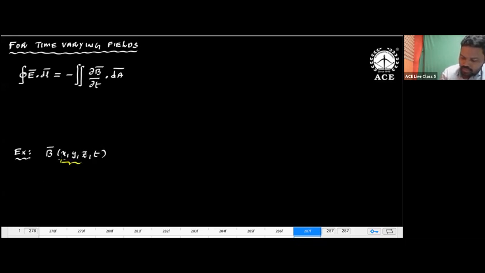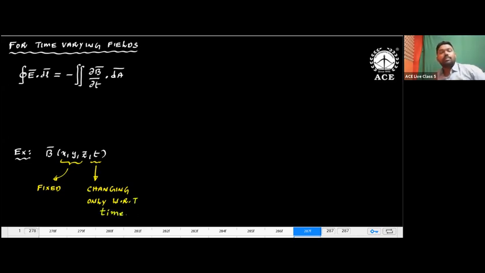Here x, y, z are fixed, and it is changing only with respect to time. How can you convey that mathematically? By using partial differentiation. When differentiating with respect to time, x, y, z are treated as constants. That means space is constant, which means area is constant. Clear? Yes.